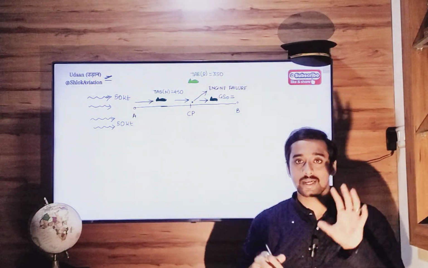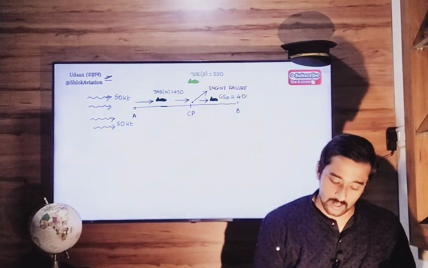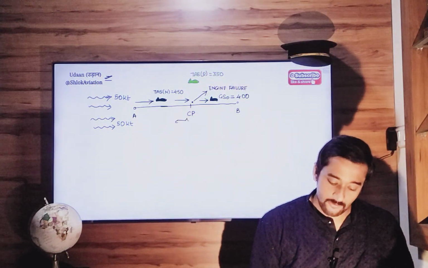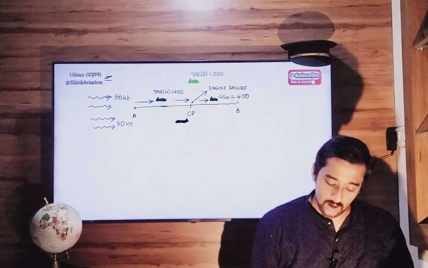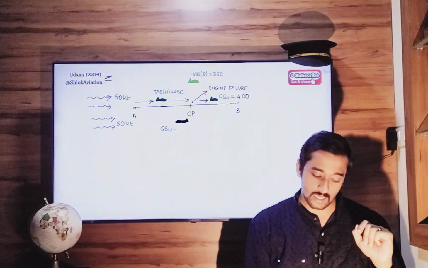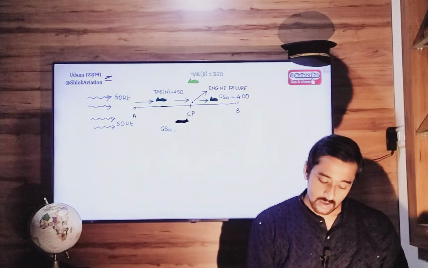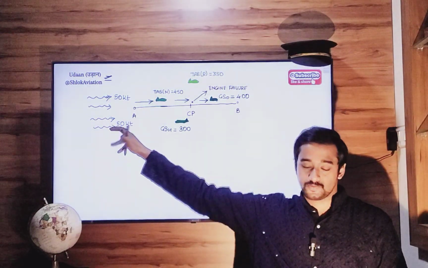So ground speed will be TAS plus tailwind, 350 plus 50, 400. If you choose to come back, your homebound ground speed will be 350 minus 50, which is 300, because coming back you will be getting a headwind.